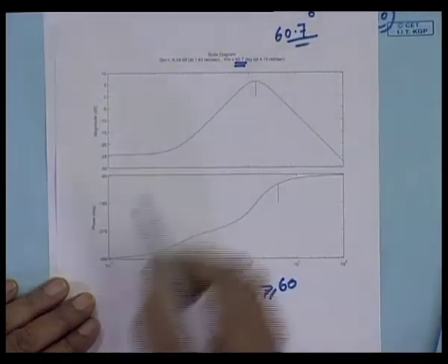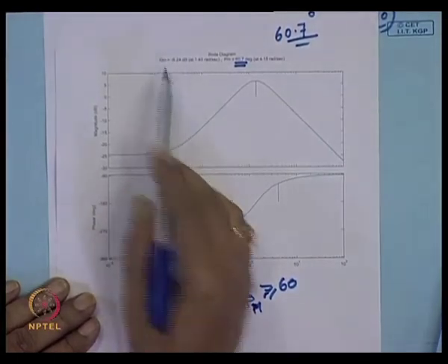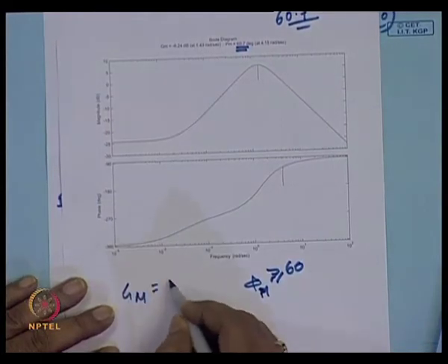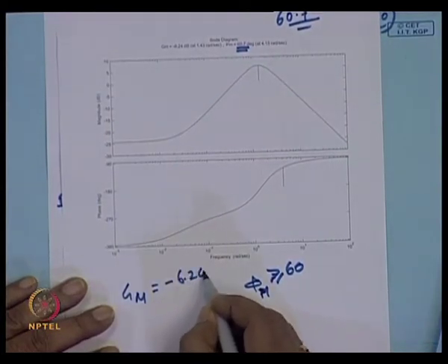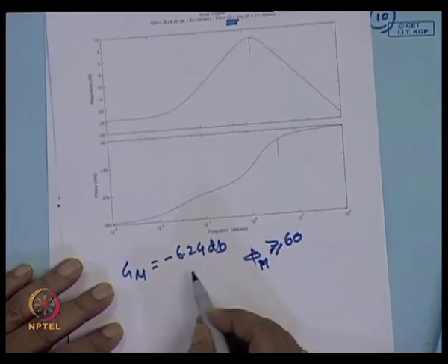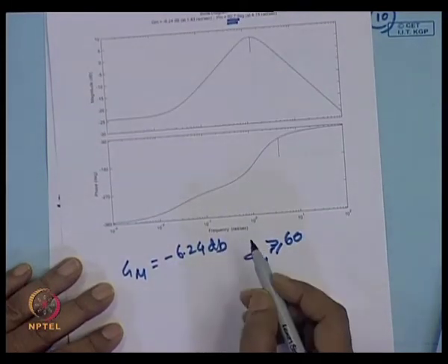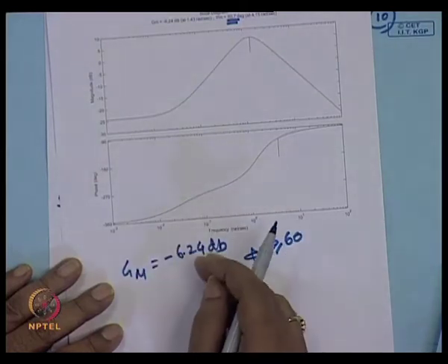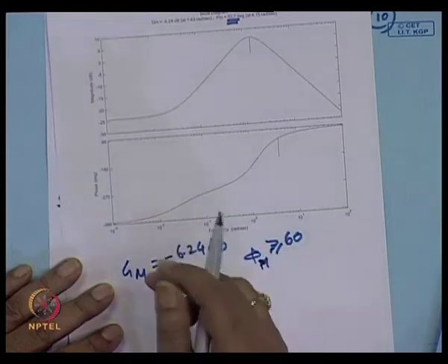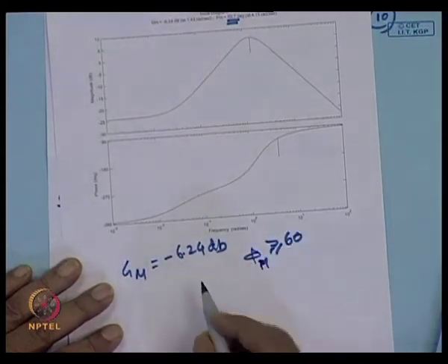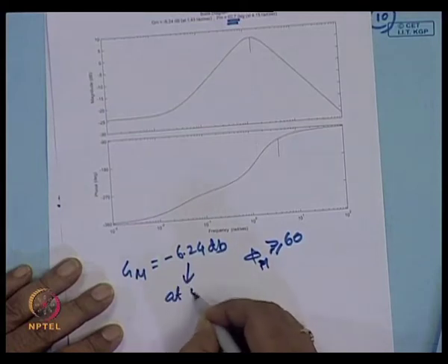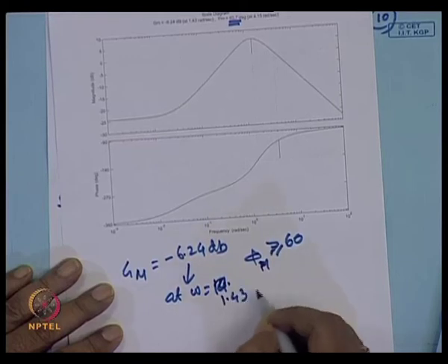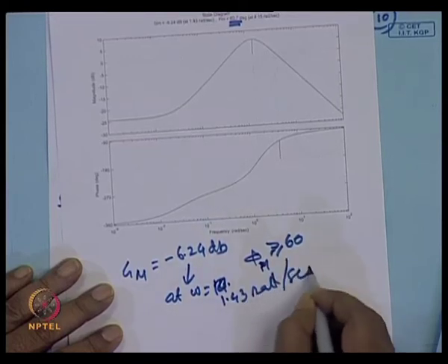We are getting 60.7. Our gain margin is minus 6.24 dB, so you can easily find out by what factor you can reduce the present gain of the controller, and it occurs at omega equal to 1.43 rad per second.